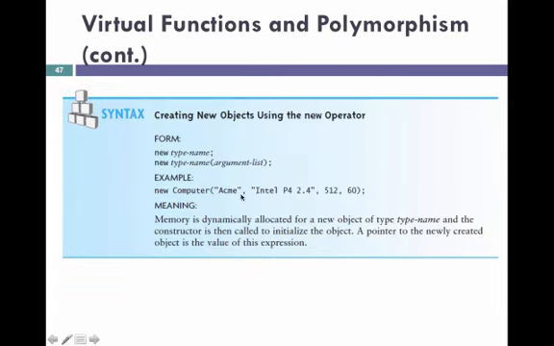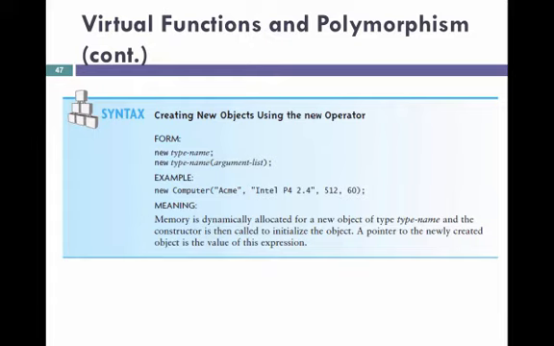Here's the syntax for creating new objects using the new operator. We can say new type name, or new type name followed by an argument list, and these are the parameters that are passed to the constructor. So here's how we can create a new computer invoking the constructor that takes 4 parameters.